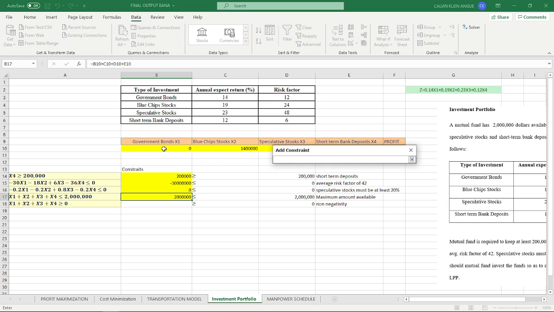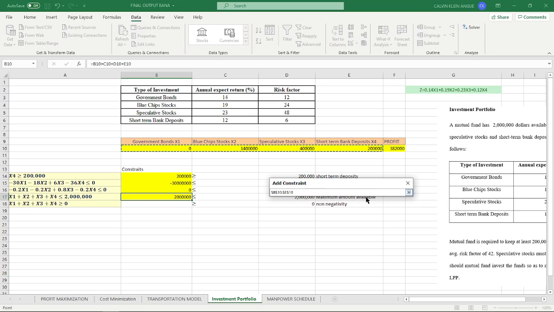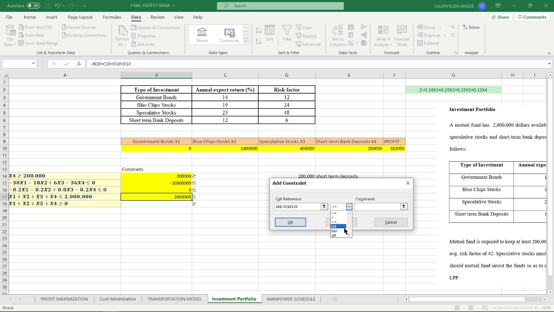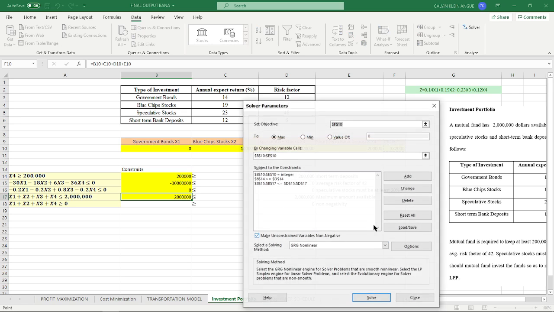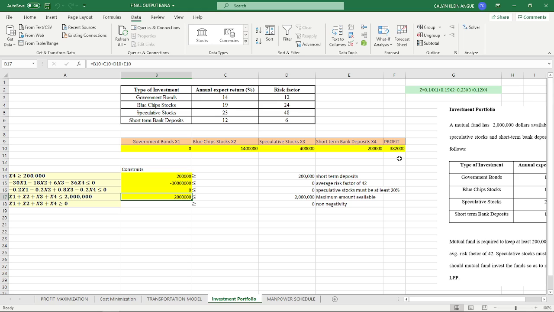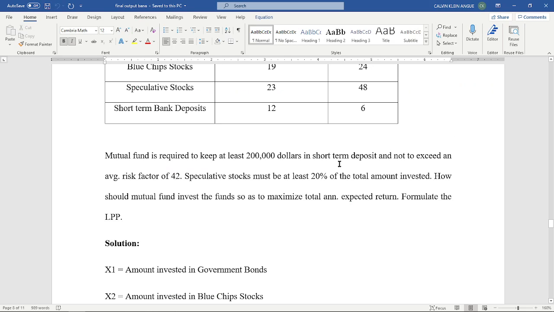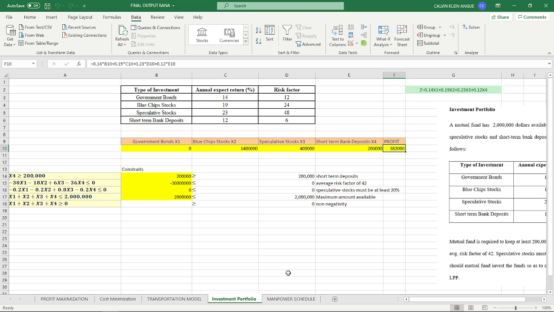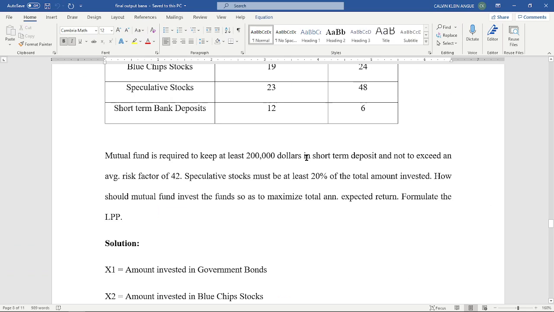Then for our integer, this part, click integer, then okay, then you need to solve it. There's no error, so that's how you get the $382,000 of profit.